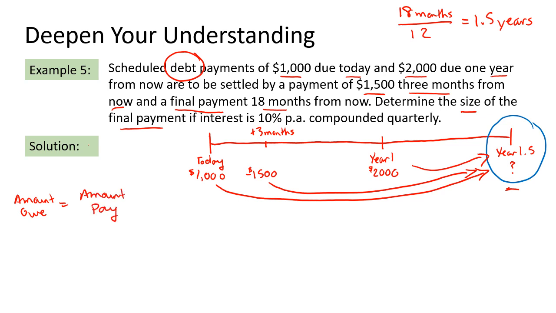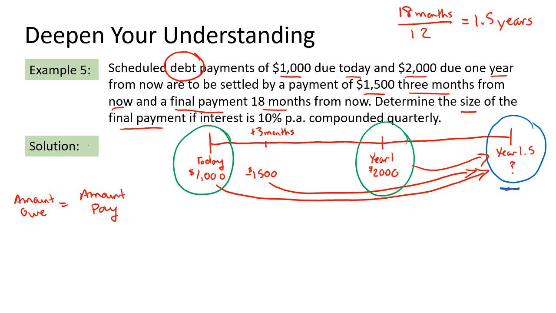Now, if all the values were as of today, you could technically add them up. But we need to find them as a value at the same time period, which is this year 1.5. So the amount you owe is a payment due today, this $1,000, and a second payment due 1 year from now, which is $2,000.